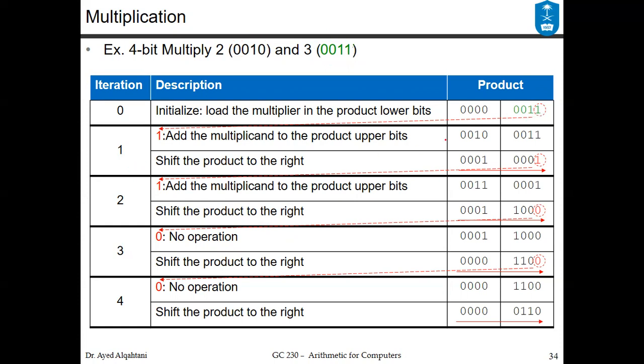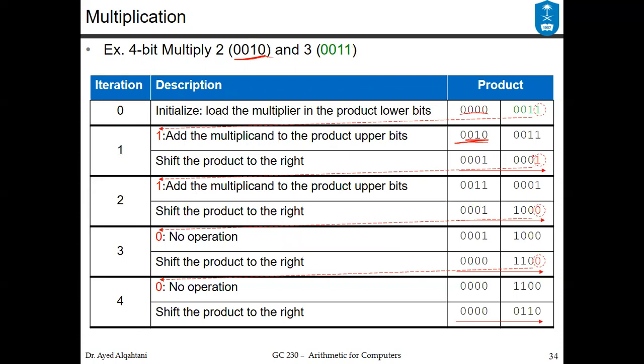So in summary, we check this bit. If it is 1, you add this multiplicand, this one with the 0, and you generate this value, and then you shift everything to the right. And you can see that we shift.